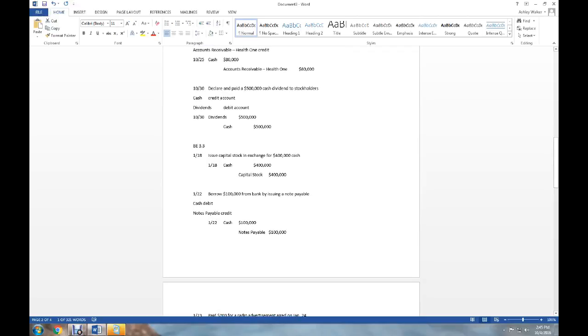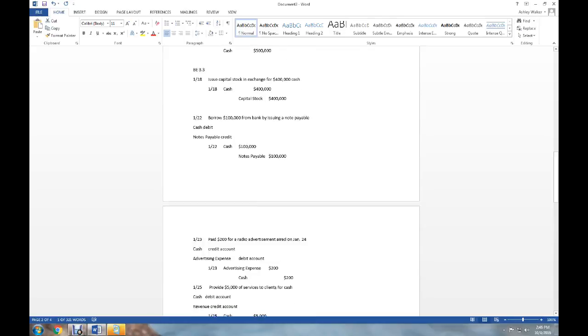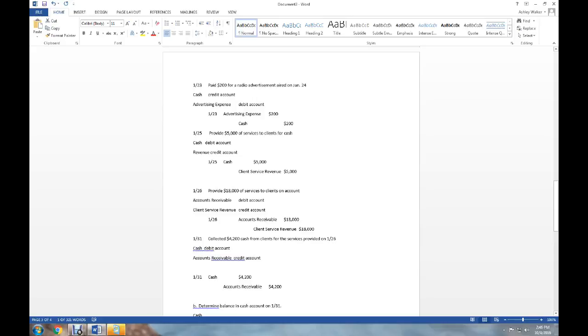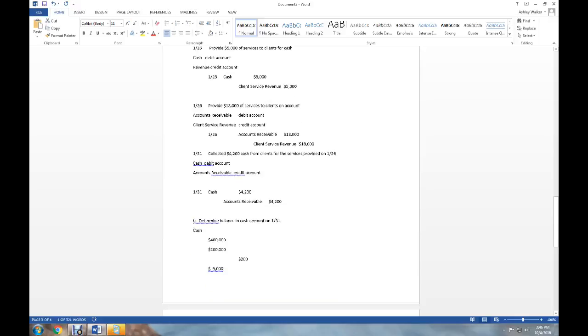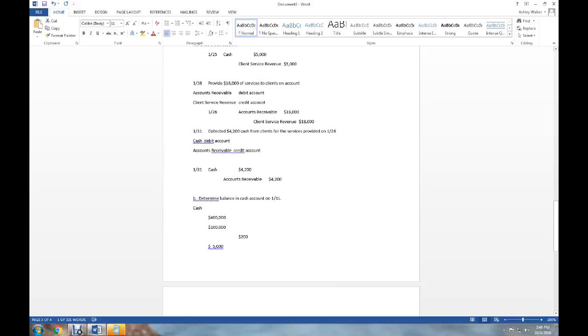Did we spend cash anywhere else but that radio ad? Here we didn't spend any. January 22nd, we did not. There's our radio ad that we paid cash for. We received cash here, so we're good. No cash was affected on January 26th. And on January 31st, we collected cash, so we only had that one credit entry.